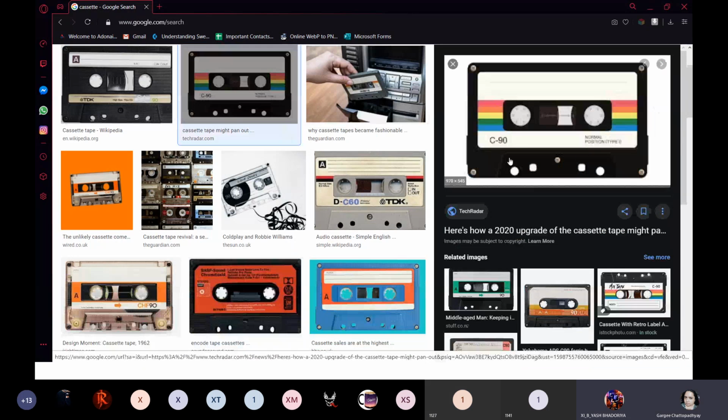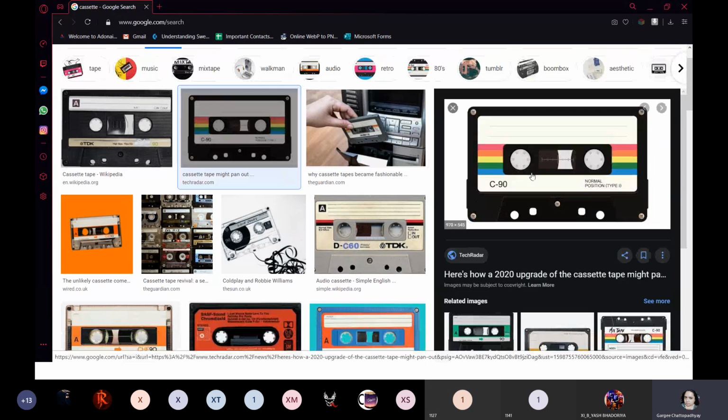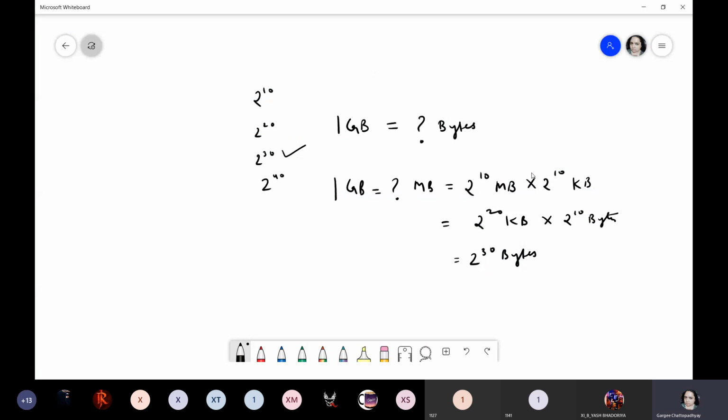So this type of cassette tape recorder was used in olden days, specifically in the 80s and 90s, and I have also used it a lot. I had a Walkman which used this cassette tape, and if I had to listen to my favorite song, I would have to either forward or rewind. Why? Because this was a sequential device.